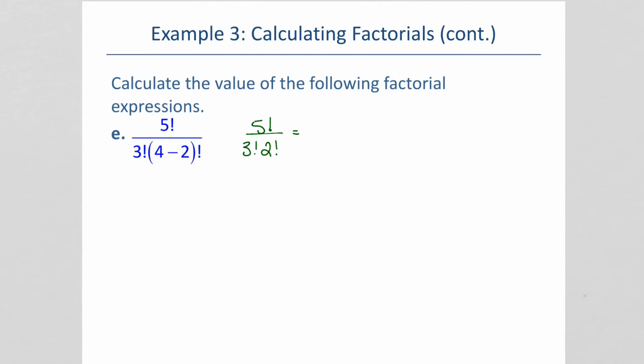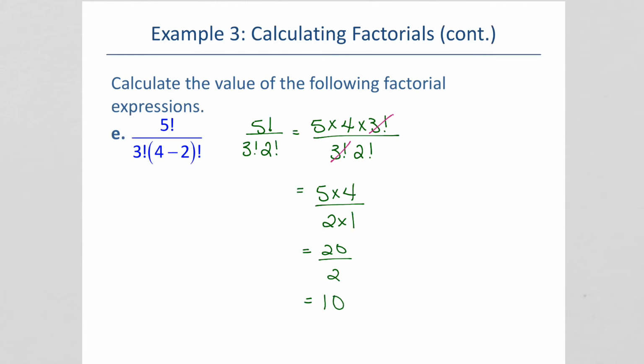Better to cancel out the higher one. So 5 times 4 times 3 factorial. And on the bottom, we still have 3 factorial times 2 factorial. The 3 factorials will go away. So we have 5 times 4 on the top and 2 times 1 on the bottom. That's 20 over 2, or 10.